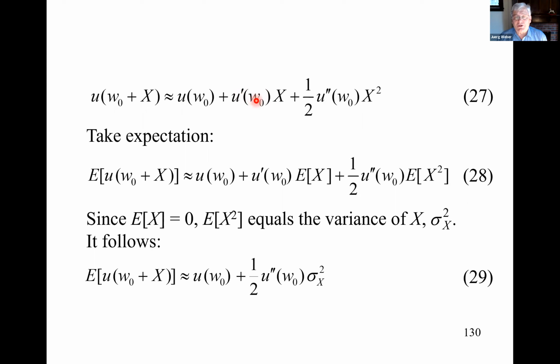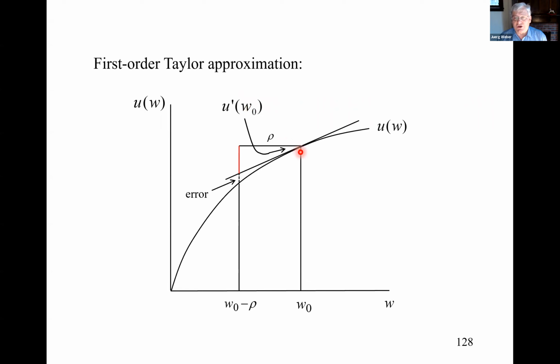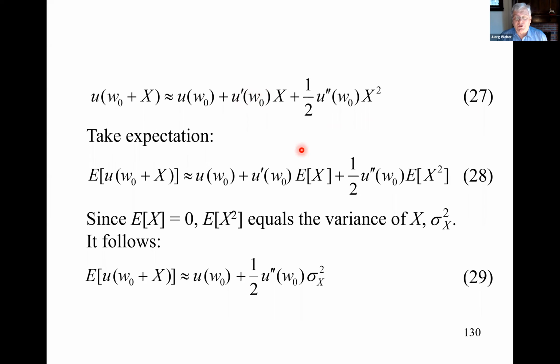So we have the expectation of a constant times a random variable, so you can factor out the constant before the expectation. So I write here u prime times the expected value of the random variable.